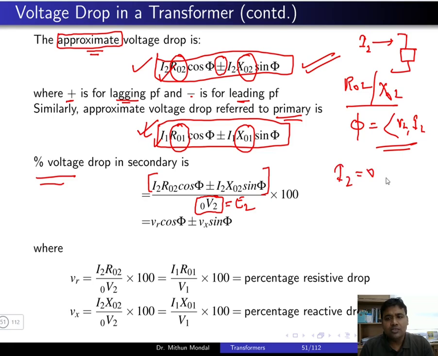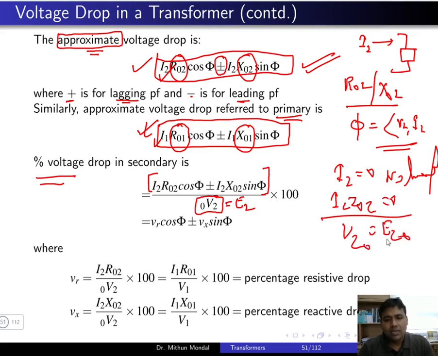So I2 will be 0 under no load condition. Then the drop I2Z02 will be 0. So your V2 will be equal to E2 under the no load condition. So you can take the denominator of this quantity as the reference, the no load quantity.